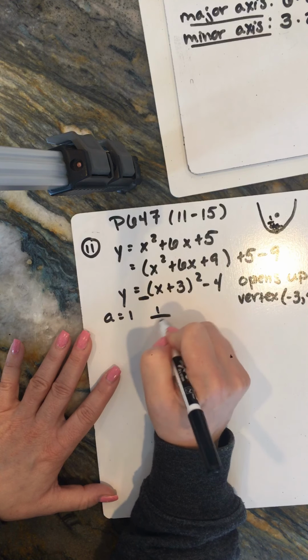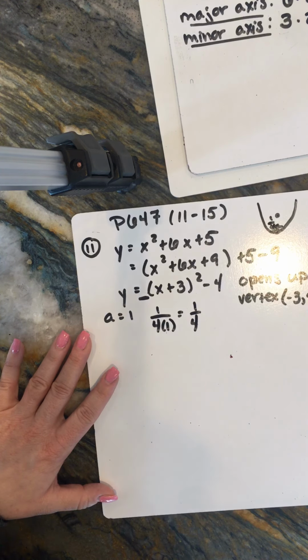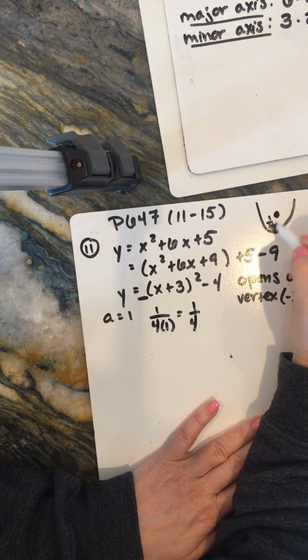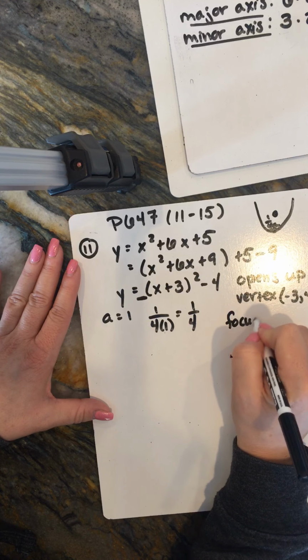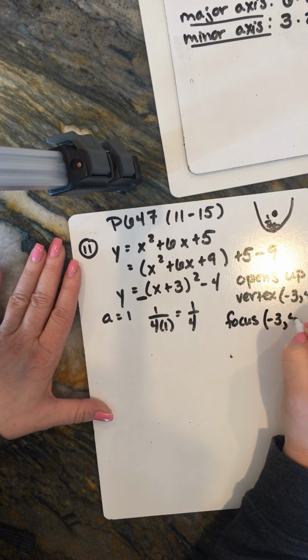So 1 over 4 times 1 equals 1/4. So since this opens up, our focus is going to be up 1/4. So the focus, the x-coordinate does not change. The y-coordinate is 4 plus 1/4, or 4 and 1/4.